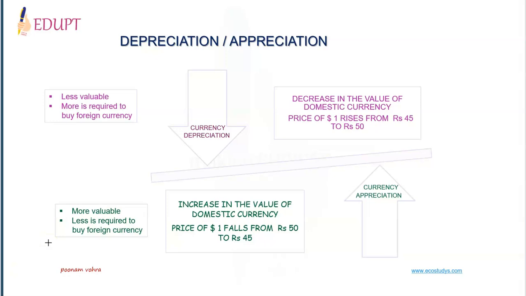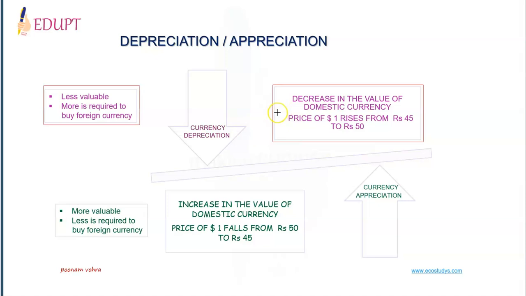So let us focus on these two terms. Currency depreciation refers to decrease in the value of domestic currency in terms of foreign currency. It makes the domestic currency less valuable and more of it is required to buy the foreign currency.